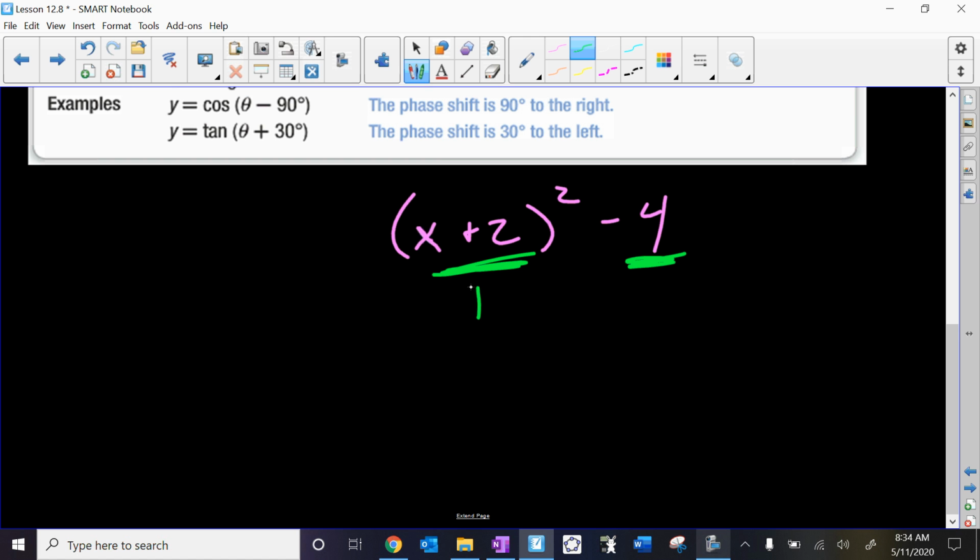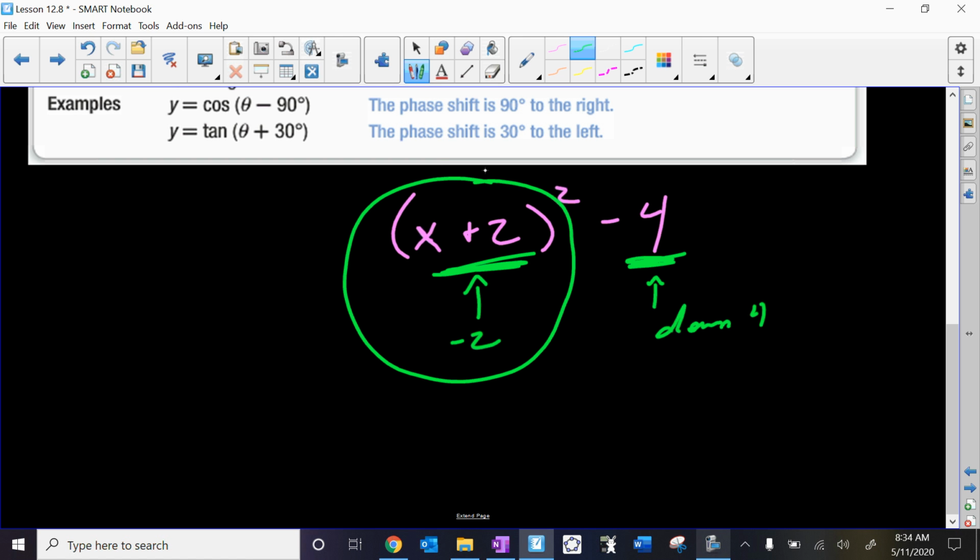Inside the parentheses, it is opposite of what we would think. So even though this says plus 2, it's really saying that I'm shifting negative 2, so 2 to the left. And if I'm on the outside, I am following my intuition. This one would say down 4. We're going to start with shifting left and right, so think opposite of whatever is given to you.